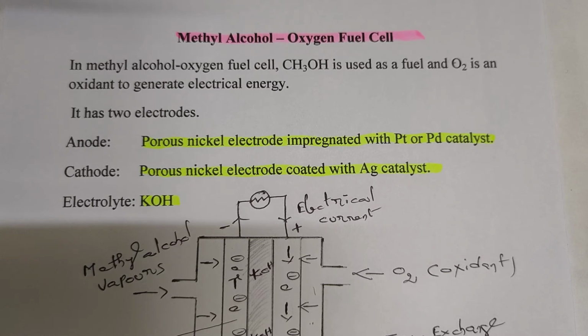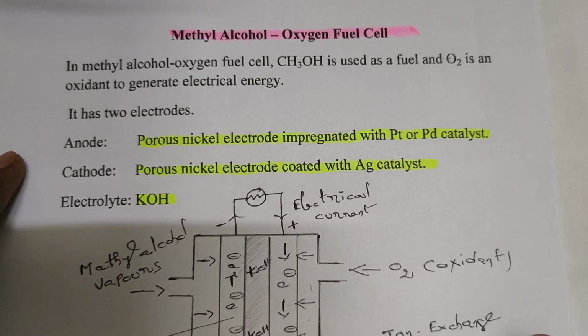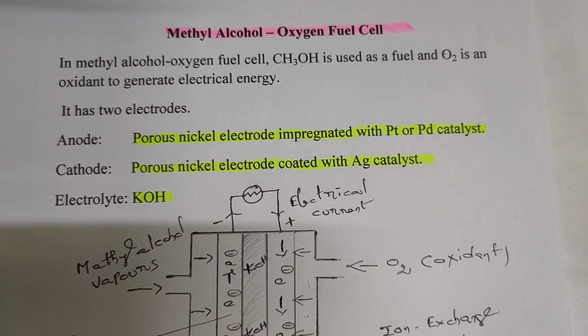Because of the high hydrogen concentration in methanol, it is an excellent fuel. Another advantage is that methanol poses much less risk to aquatic plants, animals and human beings than gasoline.